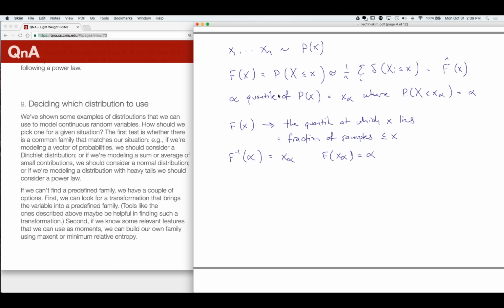So we can do that with the empirical CDF, right? We can compare distributions by comparing the quantiles that you get from the empirical CDF with the quantiles that you get from a CDF that you think it might have, right?